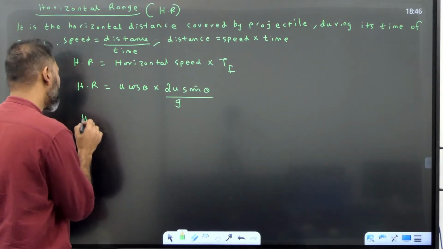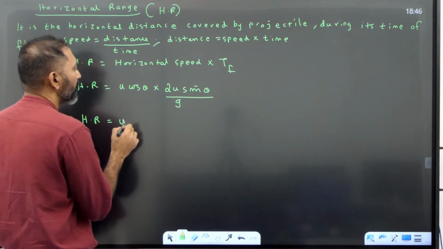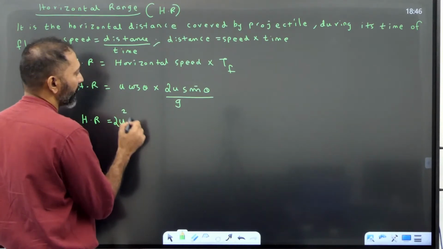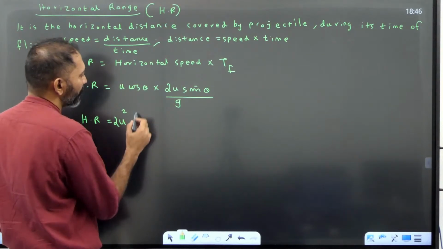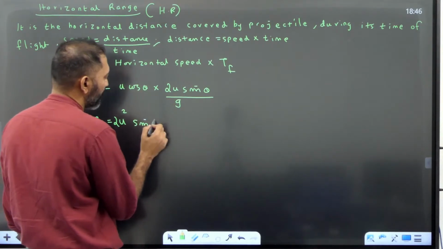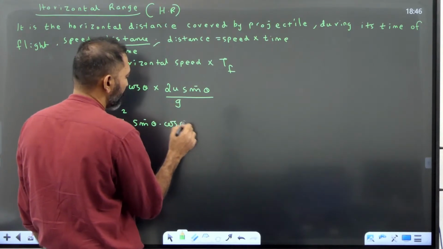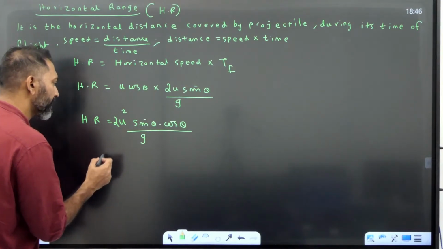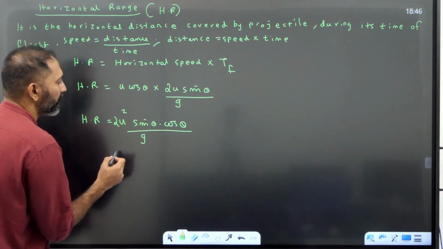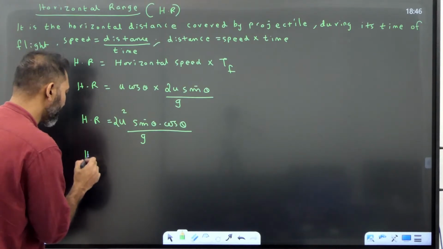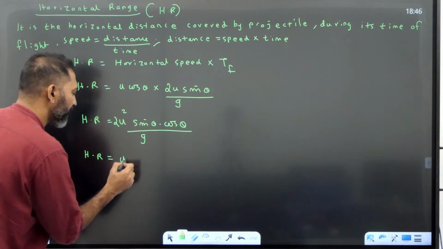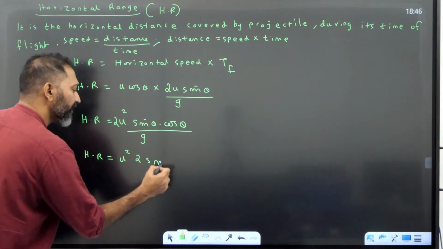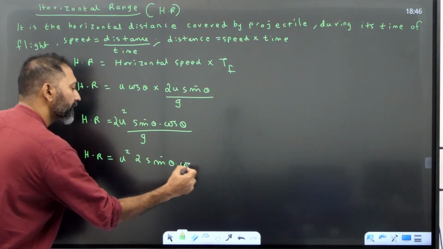So horizontal range is equal to 2u square sin theta cos theta divided by g. I am writing this as horizontal range is equal to u square into 2 sin theta cos theta by g.